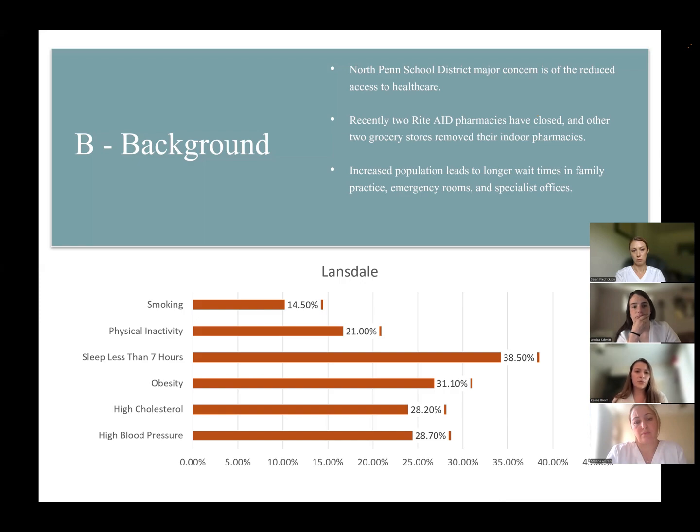You can see modifiable risk factors: smoking at 15%, physical inactivity at 21% of that population, sleep less than 7 hours for almost 40% of that population, and obesity at almost 32 percent. And as you can see, high cholesterol and high blood pressure are very close together.